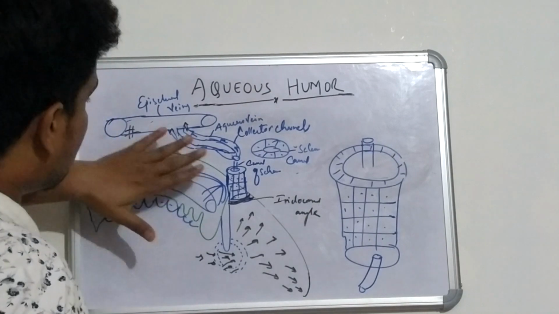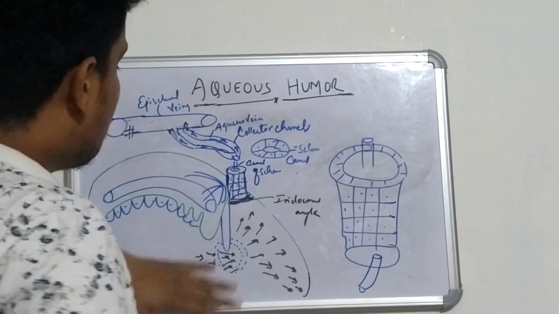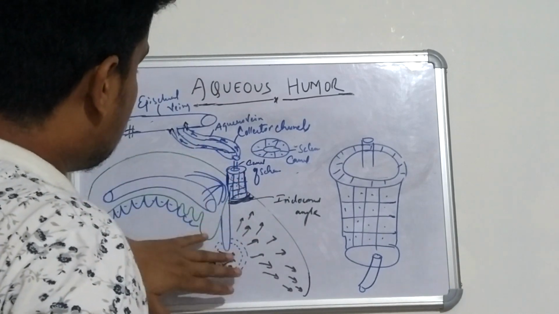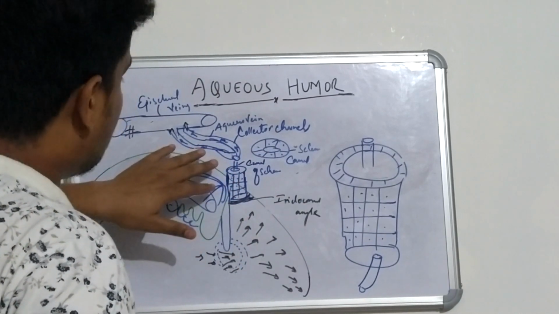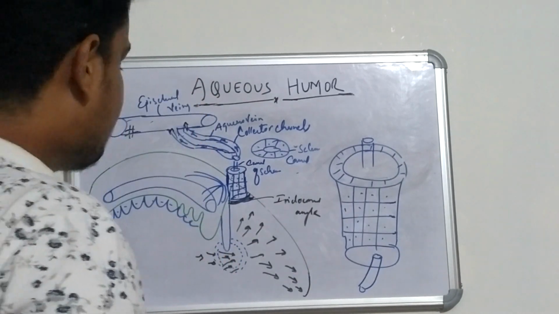So this is the first and foremost pathway, the conventional pathway from where the aqueous will drain out.